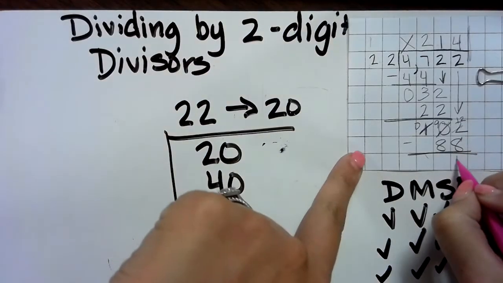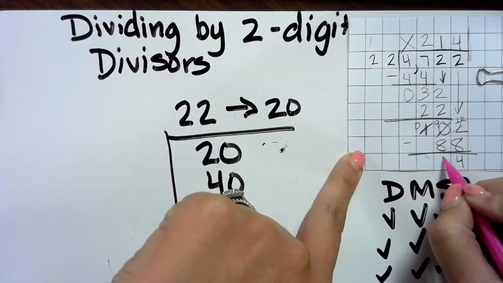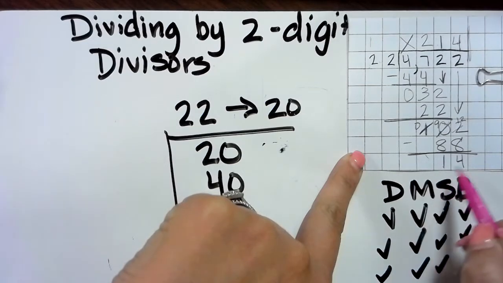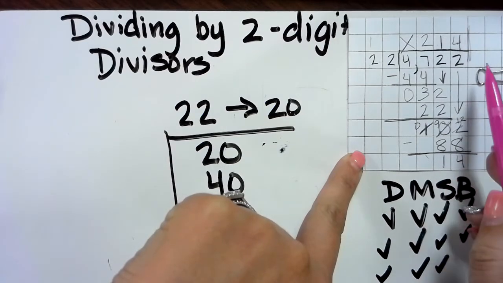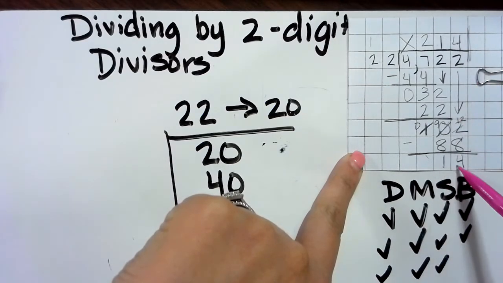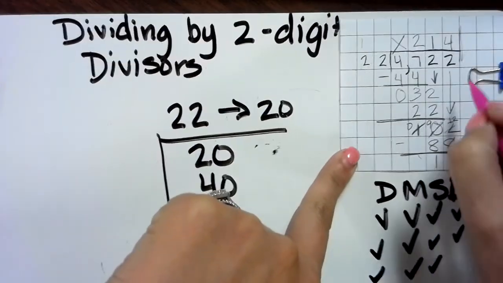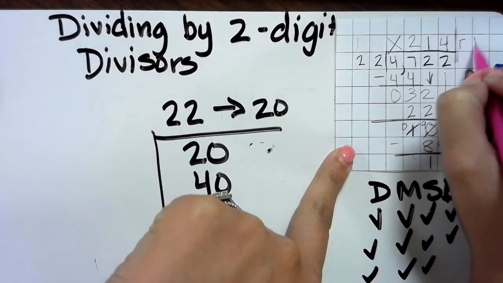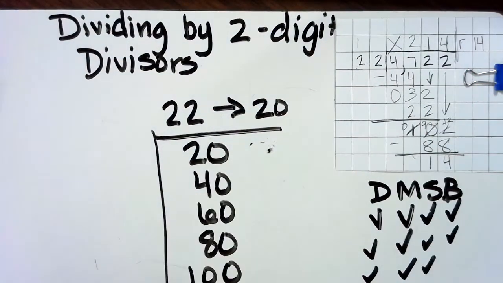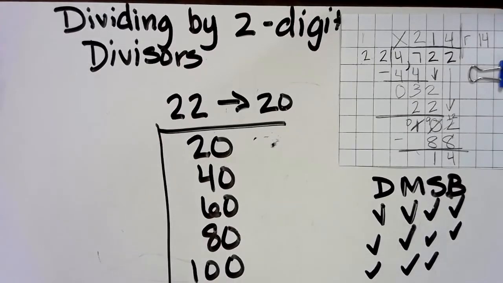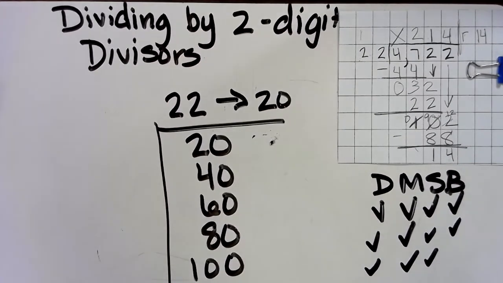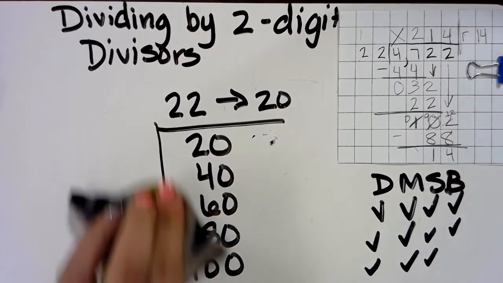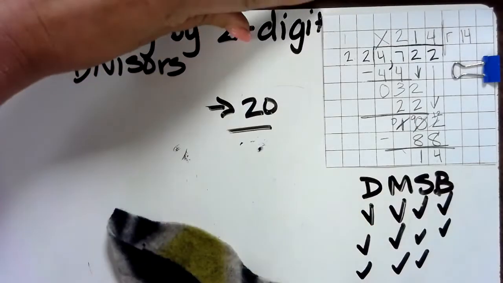So that gives me 4. 9 minus 8 gives me 1. So I'm already at my wall, and I have a number down here. So this is remainder 14. Okay, very good. So it's finding those compatible numbers to make it easy to get a starting point.